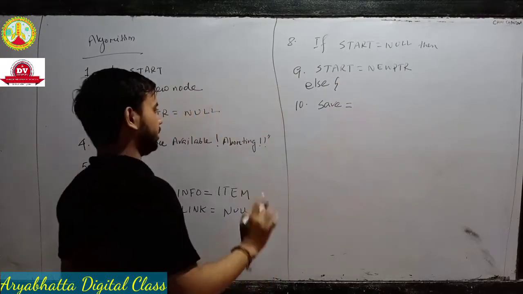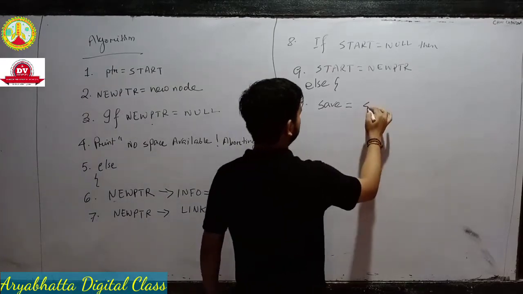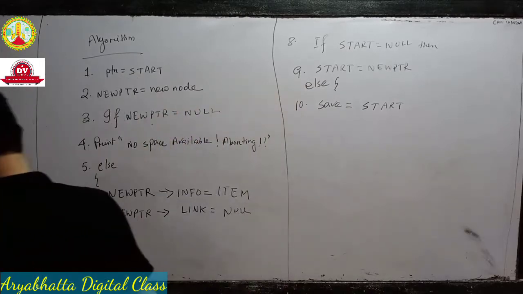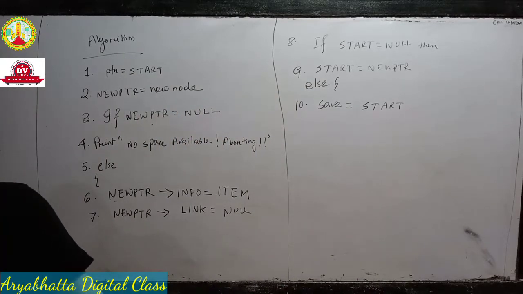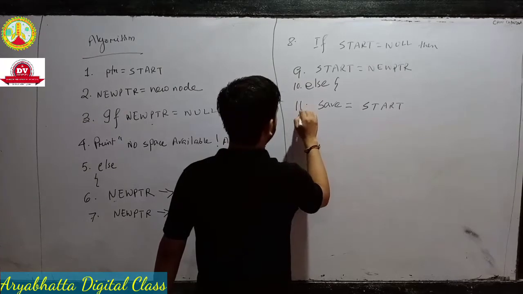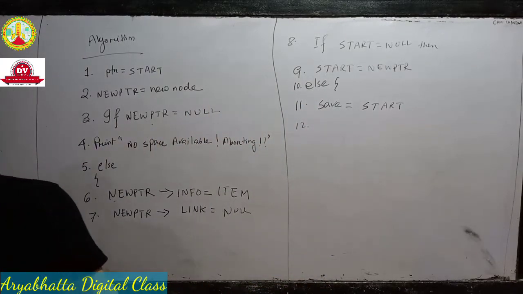Else, save is also a ptr, which means a pointer. Save is equal to start. Then new ptr link is save, and start is equal to new ptr.